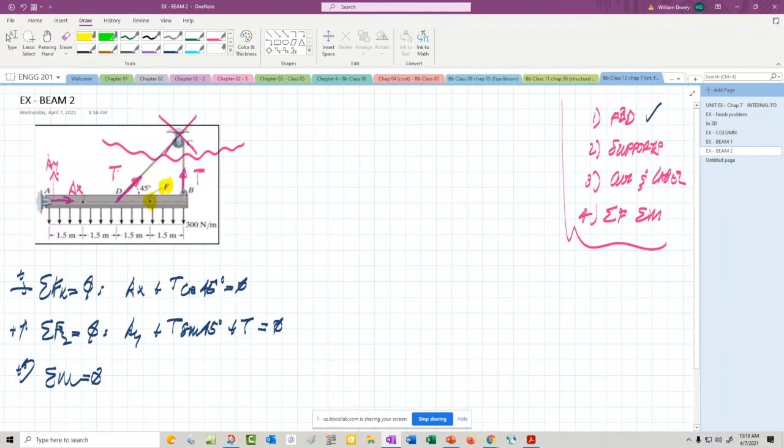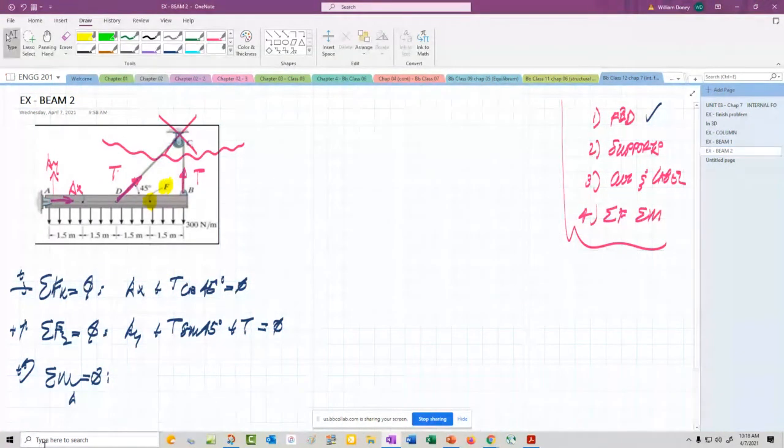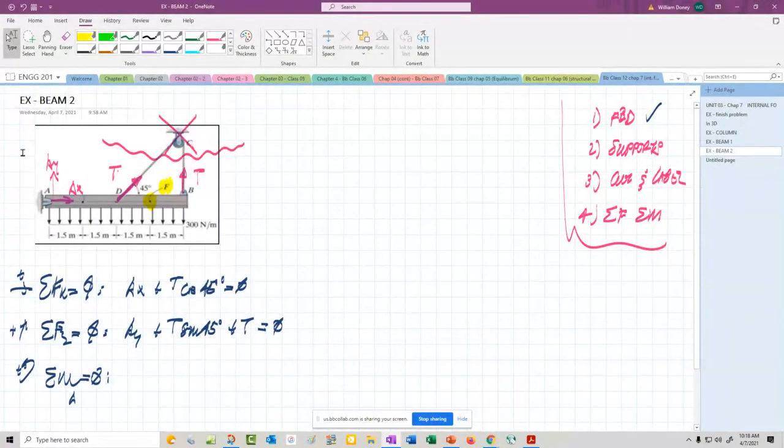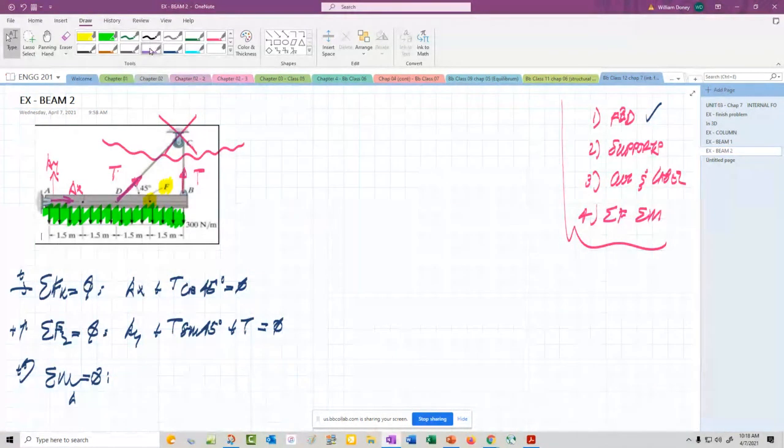We can sum moments about A, see if that'll drop out the most. We'll have, oh, we forgot the moments of this thing. Sorry, totally forgot. I'm looking at all this complication down here and totally forgot to add that. That'll be in the Y direction, so that'll be centered there.